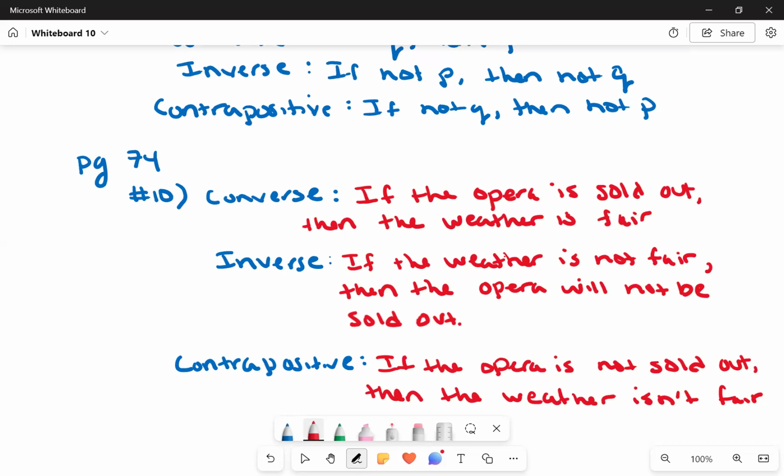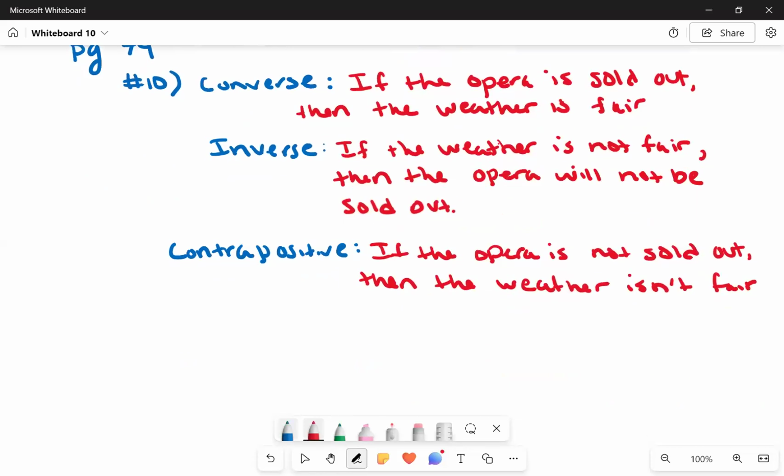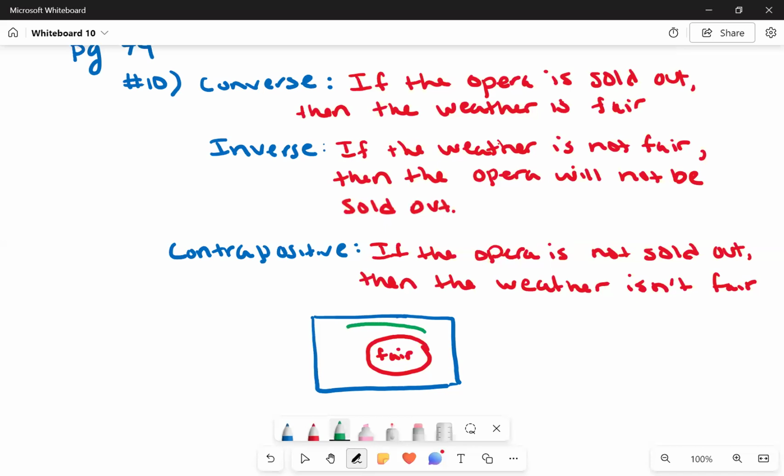And the reason is because of the way I drew the subset. Okay, so in the original, we said fair weather. I'm going to draw oblong circles to fit in here, okay? Fair weather leads to sold out opera. Okay? That's the claim.